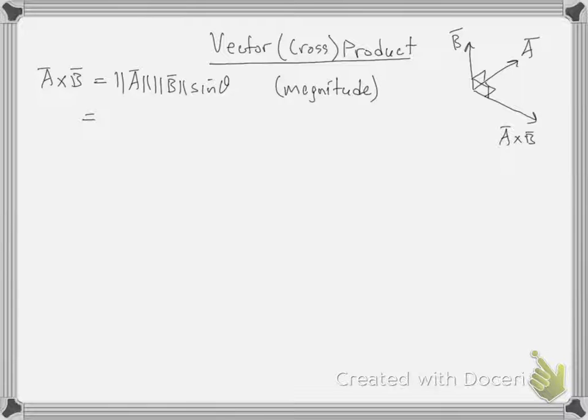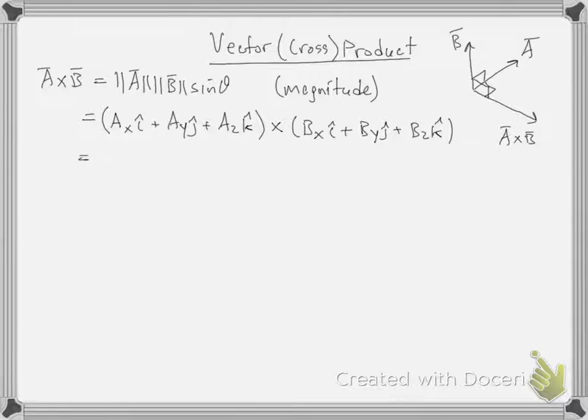So to cross two vectors, hypothetically, we have vector A with components in I hat, J hat, and K hat, and we're crossing, not necessarily multiplying, with vector B that also has components in the X, Y, and Z. Here we go. You ready?